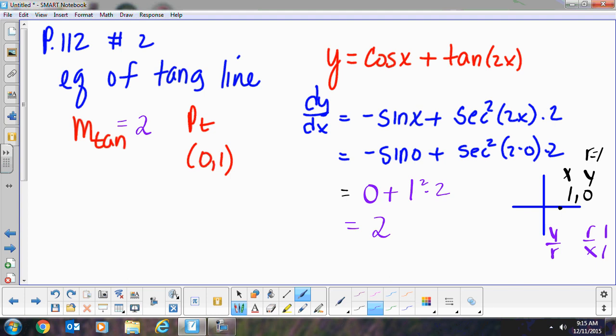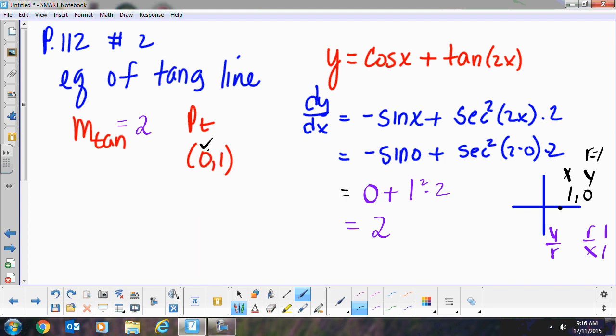All right, Catherine, you get to write the equation of the line. Are we using 1, 0 as the point? Because I have to put in the x value of my point.